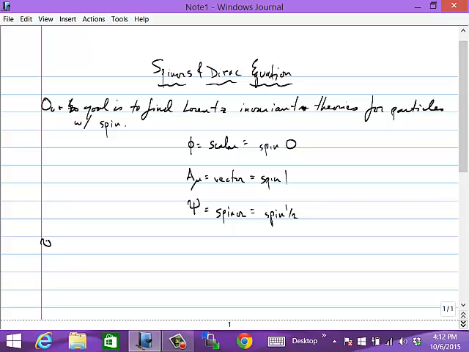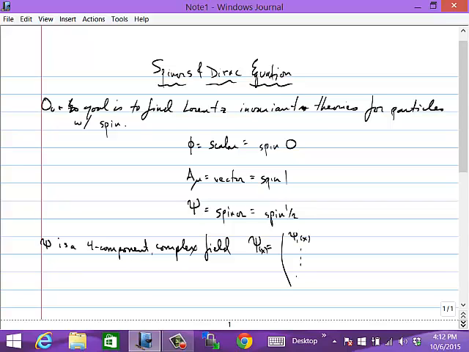So just to remind you of what we discussed last time, a spinor, psi, is a 4-component complex field. It's some function of where you are in space-time.